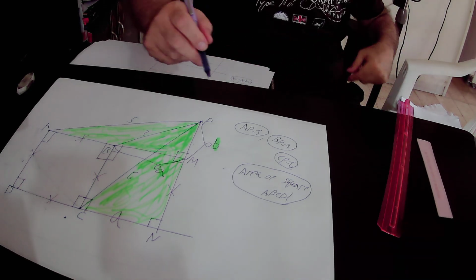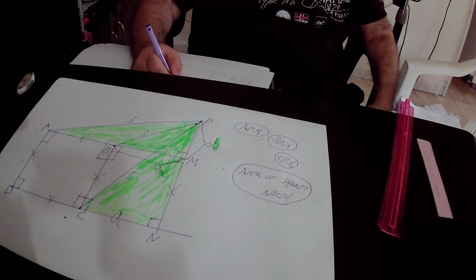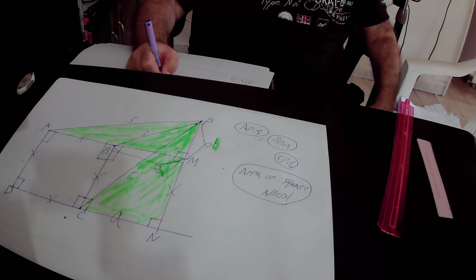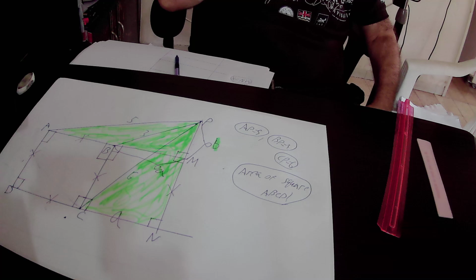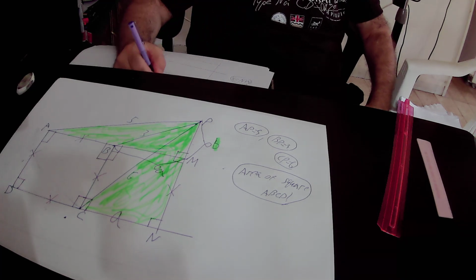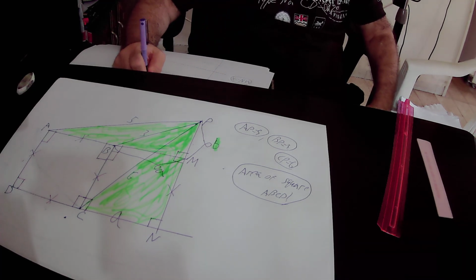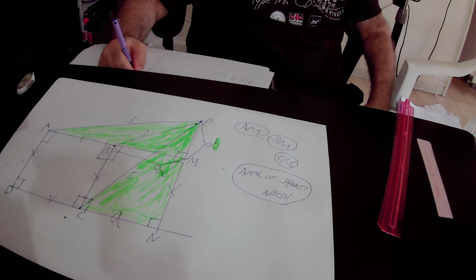The hypotenuse in the right triangle PCN is PC, therefore the square of the hypotenuse is PC squared, and it must be equal to the sum of the squares of the perpendiculars, that is to say, PN squared plus CN squared.